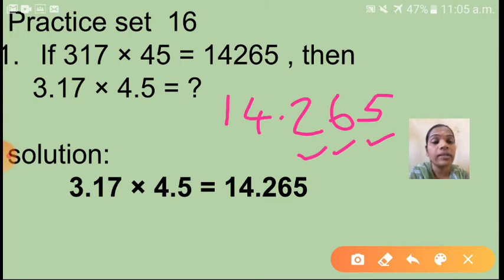So 14.265. This is your answer. So this is very easy, children. After the decimal point you just have to count the digits, so that many digits will come after the decimal point in the answer. So your answer is 14.265. Shall we go to the next now?